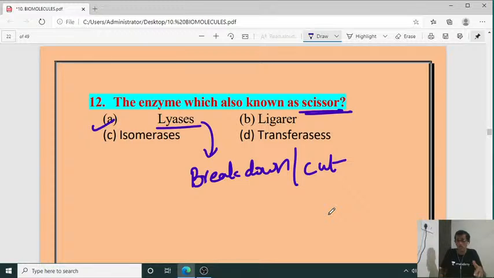Restriction enzymes are called molecular scissors, isn't it? So lyases is the right answer here. If you take molecular biology, then molecular scissors are the restriction enzymes. So the right answer for question number 12 is A.